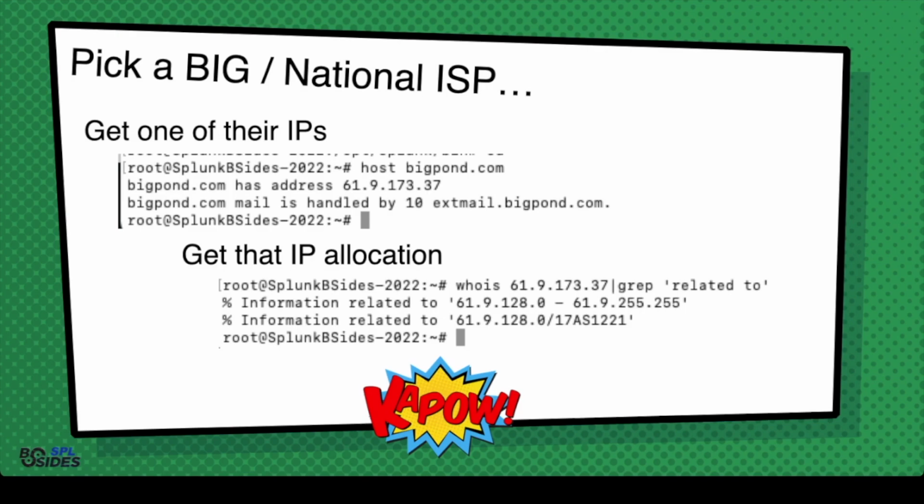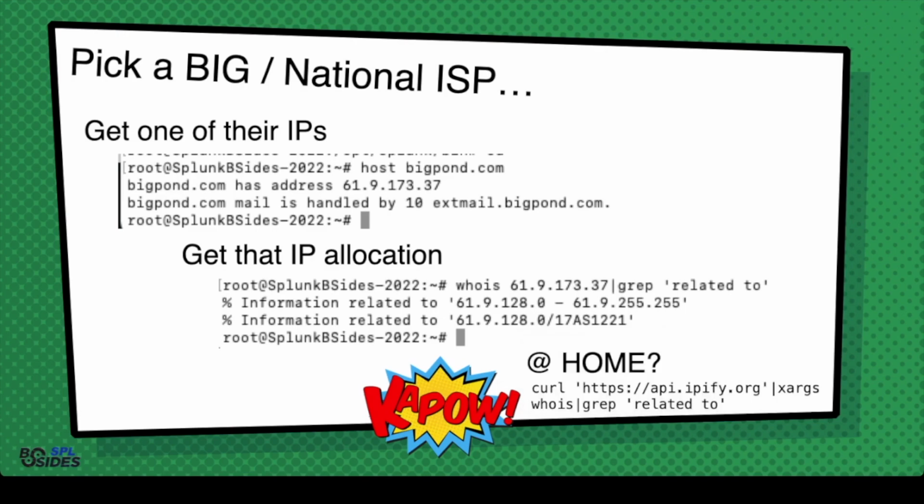Now, in this instance, we can look up the Big Pond IP address, and then we can look up the whole range that's stuck to the same IP, and we can see the IP address range here, 61.9.128.0 through to 61.9.255.255. That's great. So now we've got some IP addresses to work with. It's hopefully going to get us a little bit further.